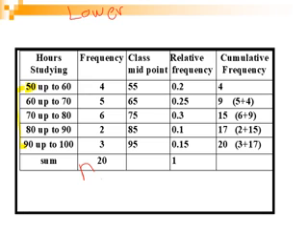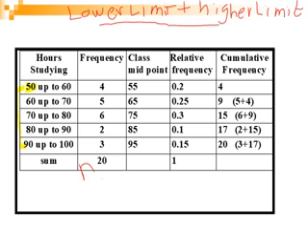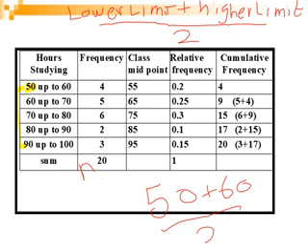Lower limit plus higher limit over 2. For the first class, let's apply the rule. It's equal to 50 plus 60 over 2, equal to 55.